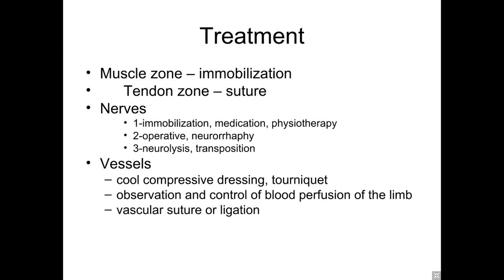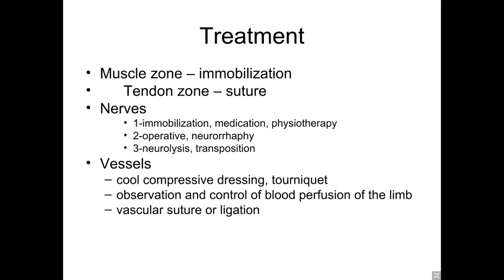Nerves. Nerves could be involved in 3 degrees. First degree is neuropraxia. Second degree is axonotmesis. It's not seeing this slide, excuse me. And third degree is neurotmesis.